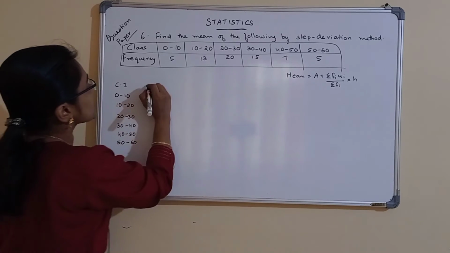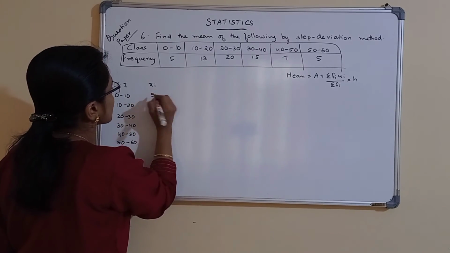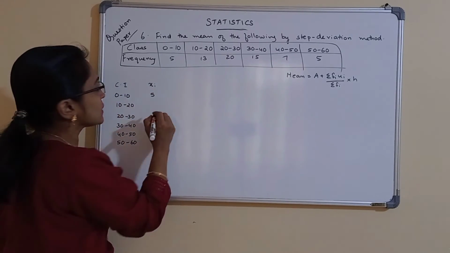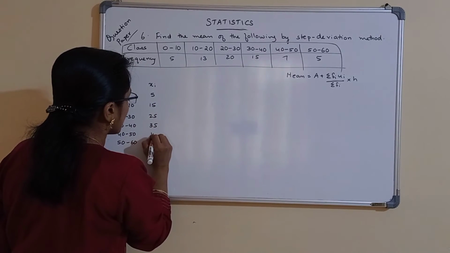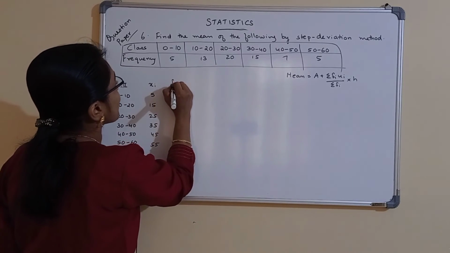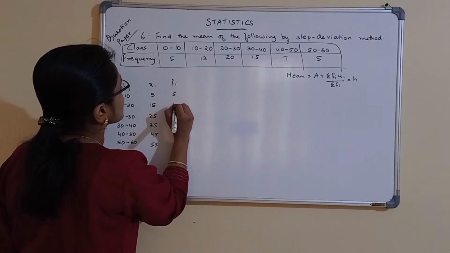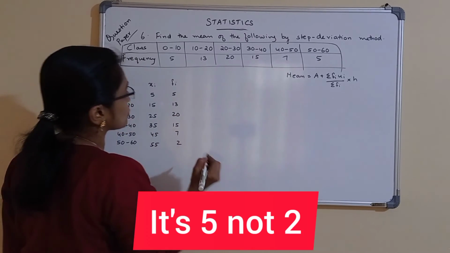Now the class mark xi is 0 plus 10 by 2, which is 5, then 15, 25, 35, 45 and 55. Now fi is 5, 13, 20, 15, 7, 2.